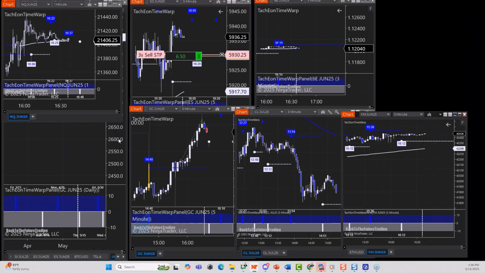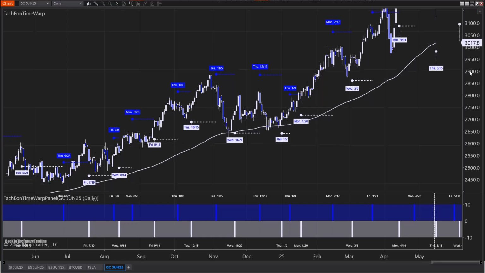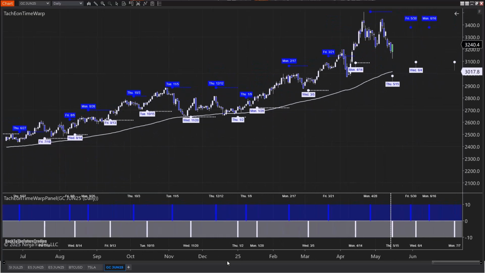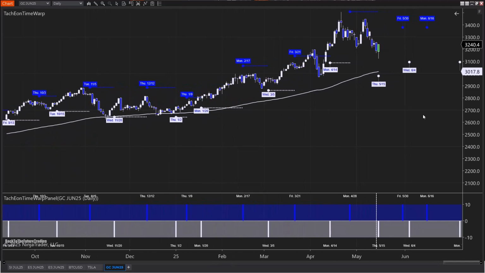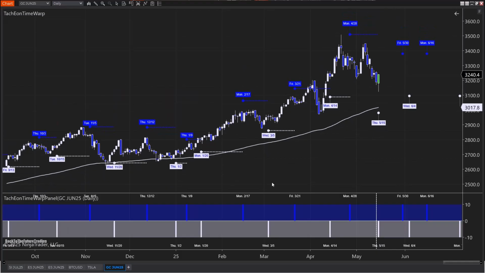Now, let's look at different markets and time frames, right? Because here's gold on a daily time frame. And we've been looking at these signals now for quite a while. We've been watching them since September. And what almost always happens at a white dot on the daily chart for gold? That's right, it goes up.